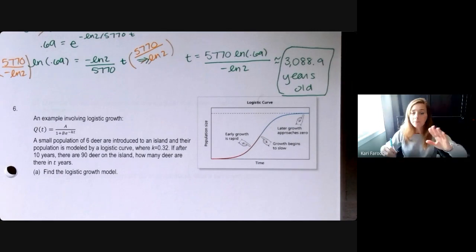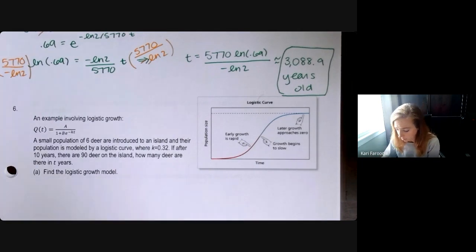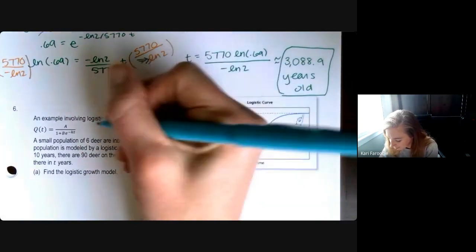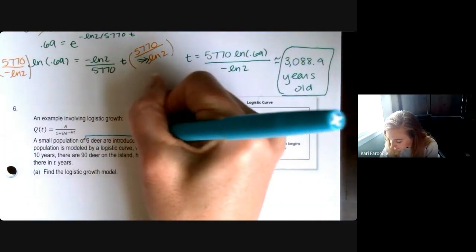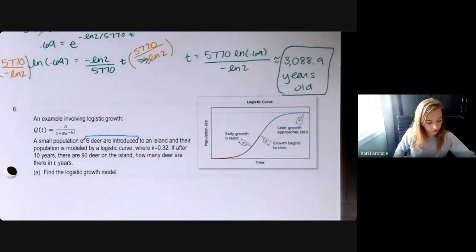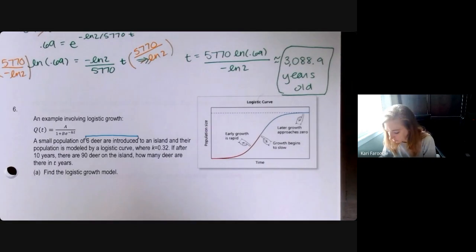Okay, so at the beginning, 6 deer were put on the island. So that means that at time equals 0, there were 6 deer. So we can say that Q of 0 equals 6, or Q of t when t equals 0 is 6. What that means is just we have Q of 0 equals 6.